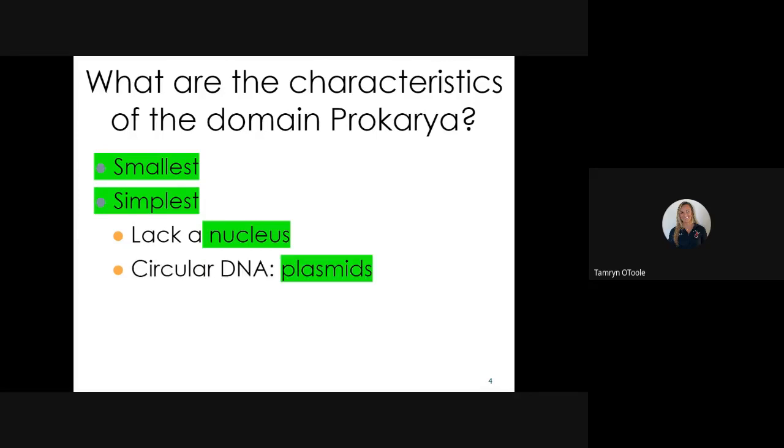All right. Prokaryotic organisms do have DNA, but it's in the form of a circle, which is called a plasmid. So this is a review from biology. You did this when you took bio, whether it was with me or another teacher, but you talked about these bacterial plasmids, and we use those for medical uses.